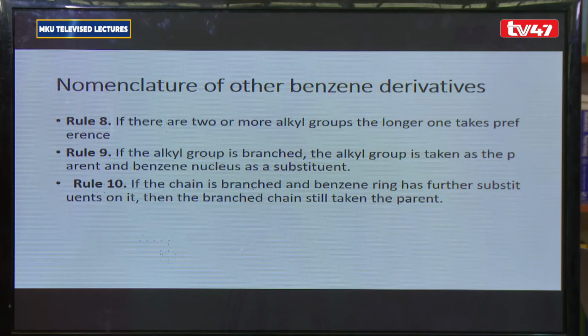If the alkyl group is branched, that is an important point to note. If the alkyl group is branched, then the alkyl group is taken as the parent, and the benzene ring is now seen as a substituent. If the chain is branched and the benzene ring has further substituents on it, then the branched chain still is taken as the parent.